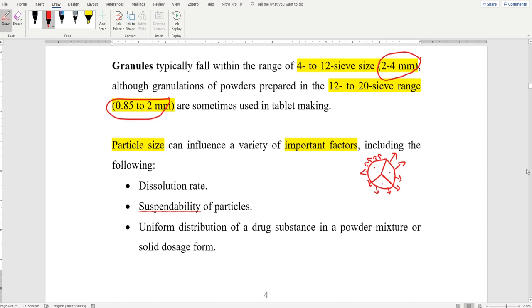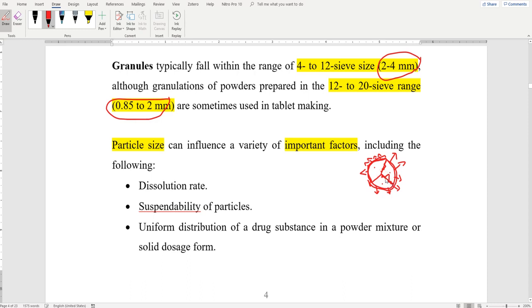This is number 1: when you reduce the size, you increase the number of particles. Now what about the dissolution process? The dissolution is also happening from the surface, the same surface, but by breaking the size you have created new surfaces.